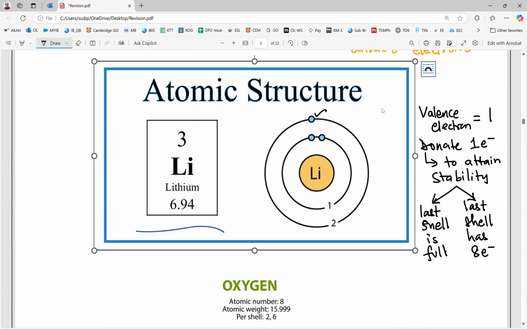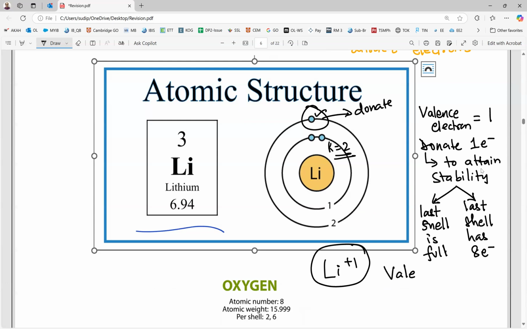That's the rule. Okay. So in this case, if lithium donates this electron, then its K shell, which can occupy 2, is already full. So it will become stable. Okay. So we write lithium as lithium plus 1. Remember this. That's how you write. So that plus 1 is your valency.